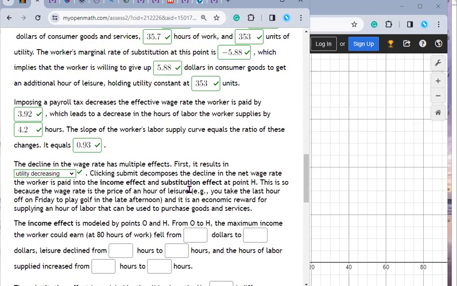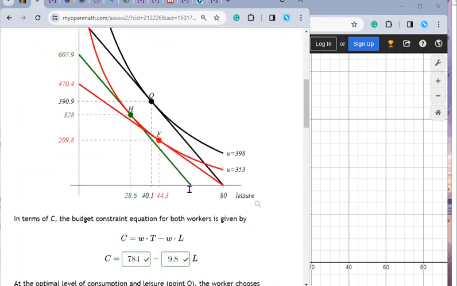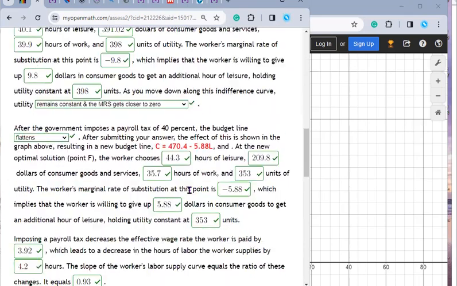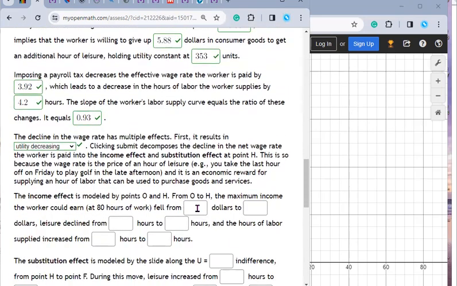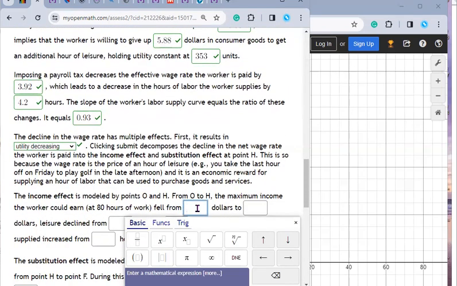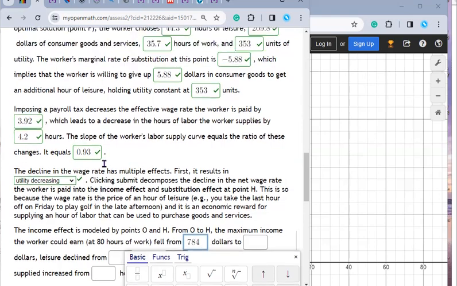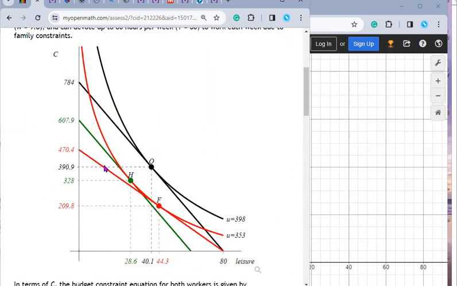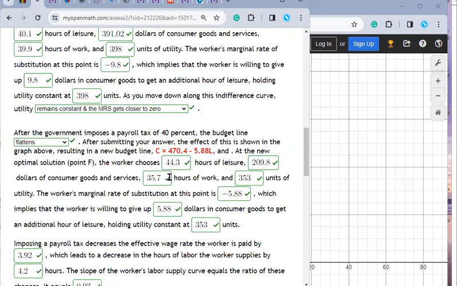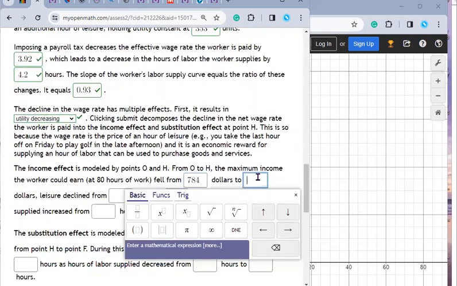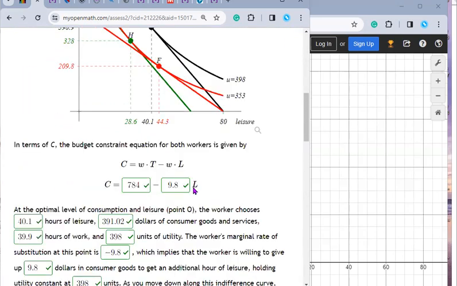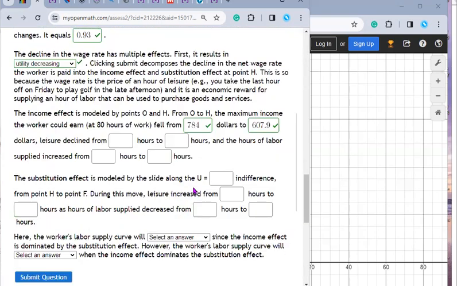So your income was 784 if you work, again, 80 hours a week and have 0 hours leisure, 784 to 607.9. Okay.